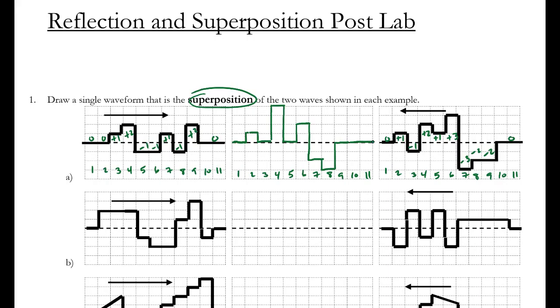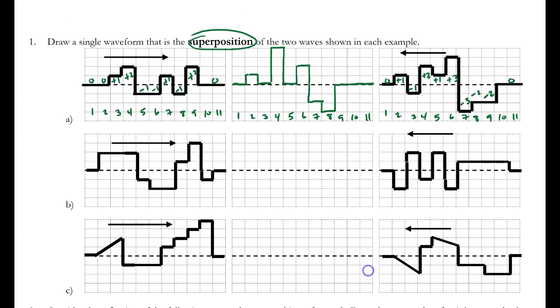Another question might be, what happens after they superimpose? Do they bounce off each other? Do they stay there? Or do they just continue to go past each other? And hopefully you just answered they just go past each other. Okay. If you're in a movie theater, imagine all the sound speakers coming out, and the waves are always doing something to each other, but they kind of go past each other after they're done interfering.